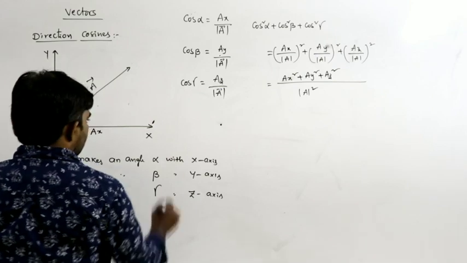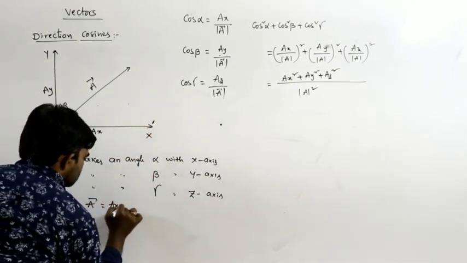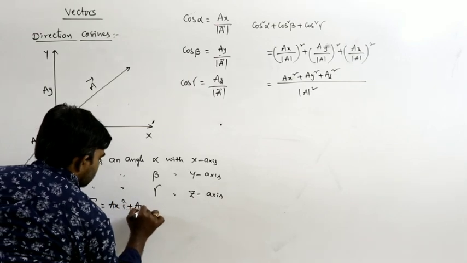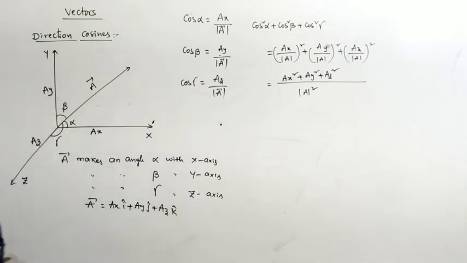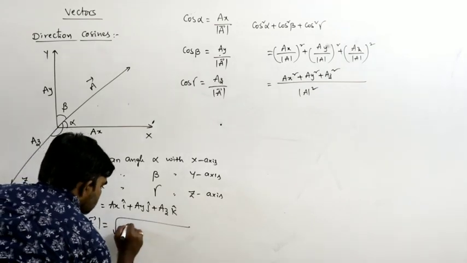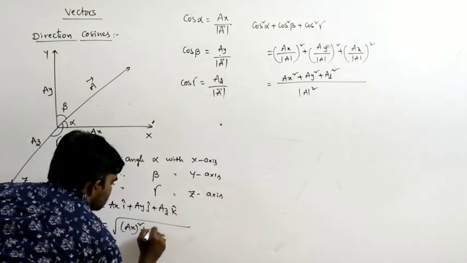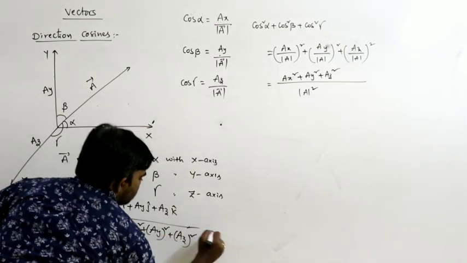Here the vector A bar can be represented as A bar equals Ax i plus Ay j plus Az k. So from this, the magnitude of A bar can be written as under root Ax whole square plus Ay whole square plus Az whole square.